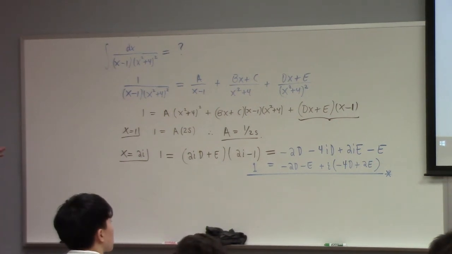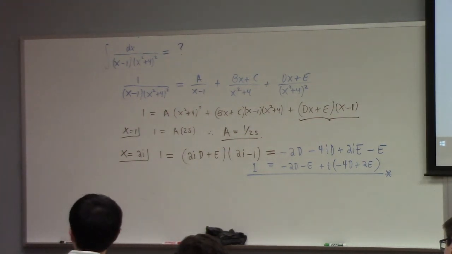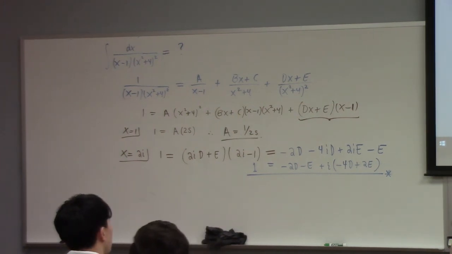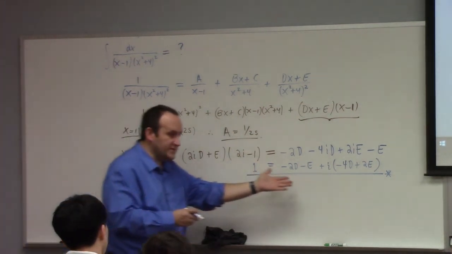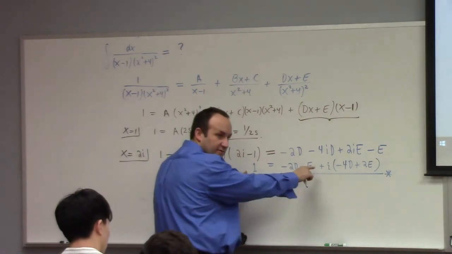But check this out. Usually when we plug in a 0, we get like one equation. Plugging in a complex 0 gives you not one equation, but two equations. One for the imaginary part, one for the real part. From this single star equation, I can read real part equals real part.